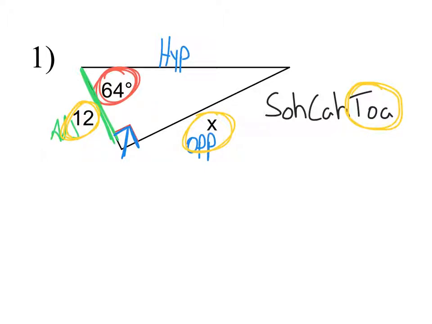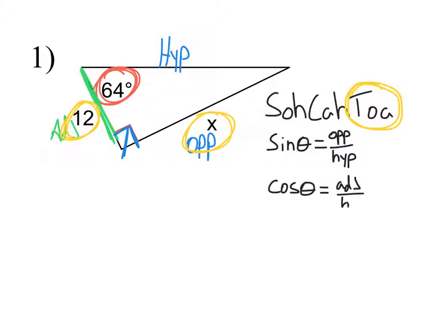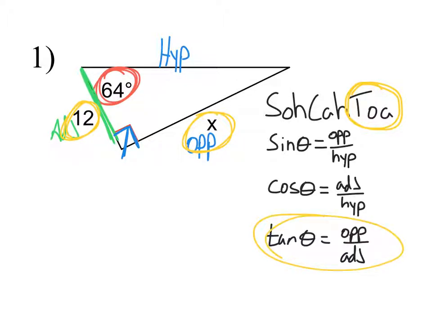Remember, SohCahToa means sine of our angle equals opposite over hypotenuse. Cosine of our angle equals adjacent over hypotenuse. And the tangent of our angle equals opposite over adjacent. And that is the one that we're going to be using right there.